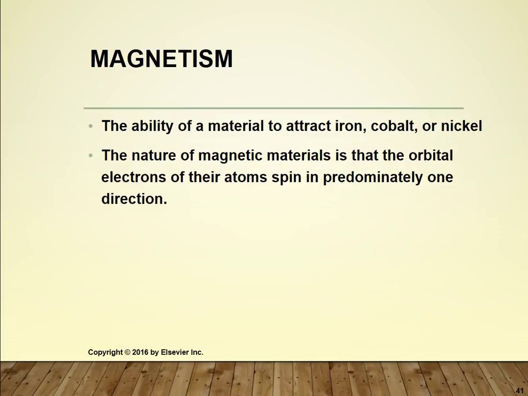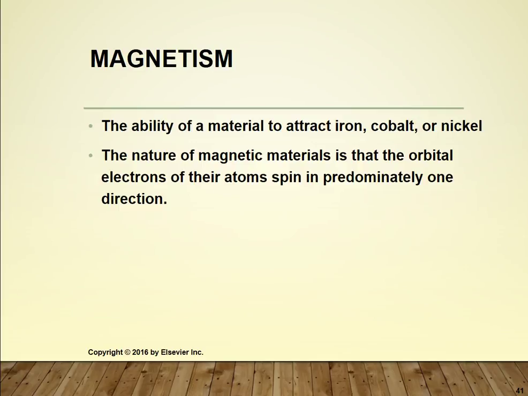So, moving forward. The nature of magnetic materials is such that the orbital electrons of their atoms spin in predominantly one direction. Those atoms create tiny magnets called magnetic dipoles. When these dipoles or atomic magnets form groups of similarly aligned atoms, they create magnetic domains.